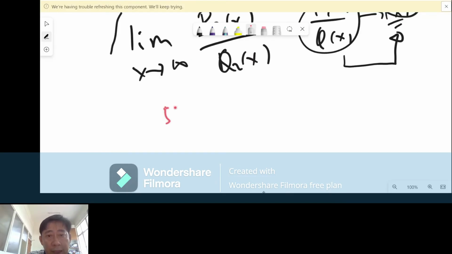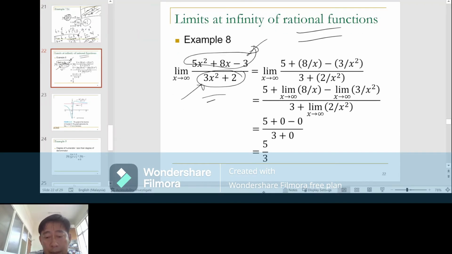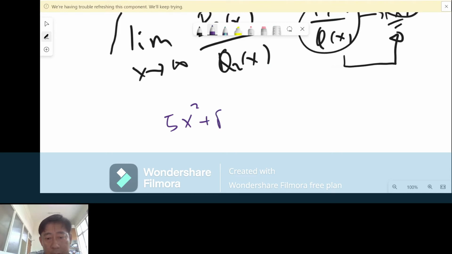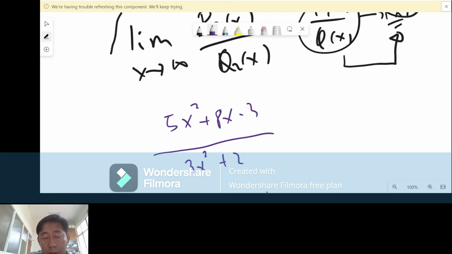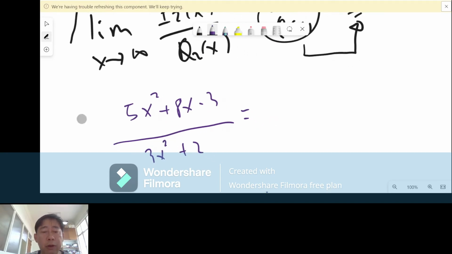The p upstairs is 5x squared plus 8x minus 3. And downstairs is a function of 3x squared plus 2. So what I'm going to do is try to convert this expression into the form that involves only 1 over x.